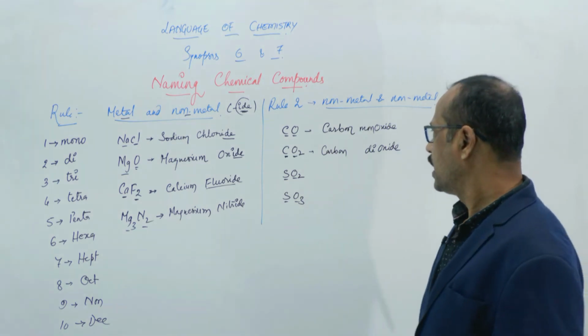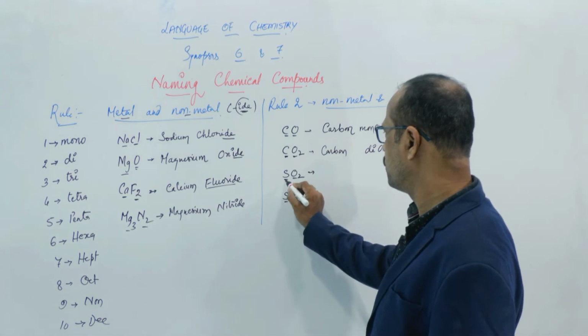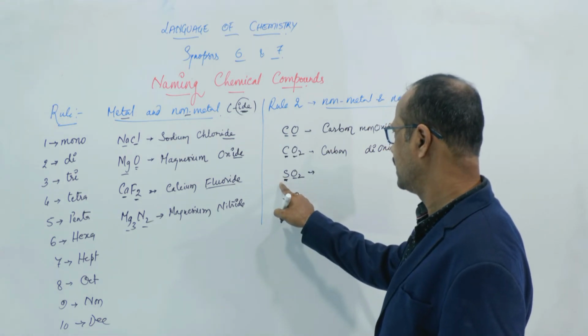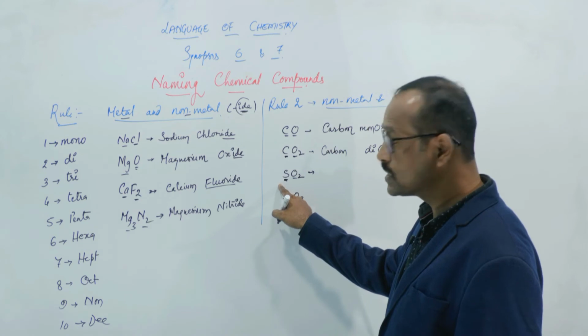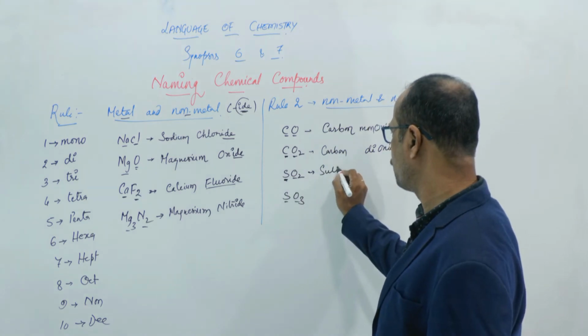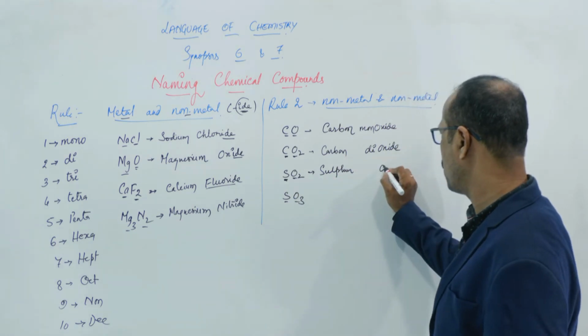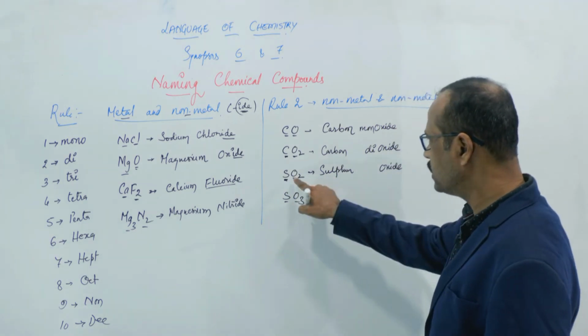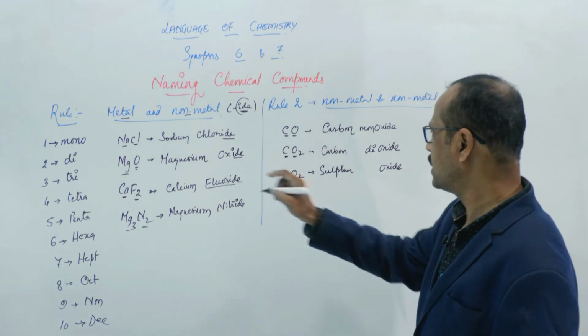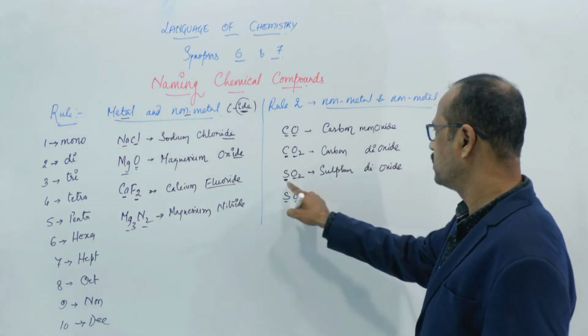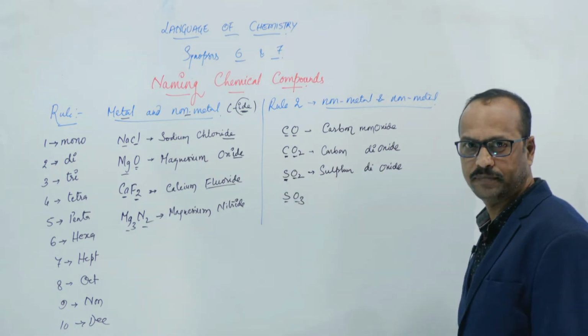Now see the third compound. First is S, which stands for sulfur, so write sulfur. Oxygen is oxide, and there are 2 oxygens, 2 stands for di, so the name is sulfur dioxide.